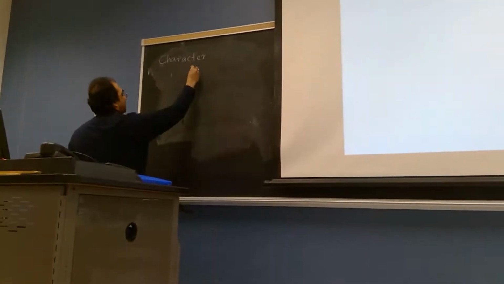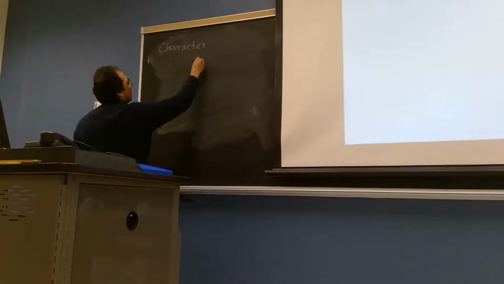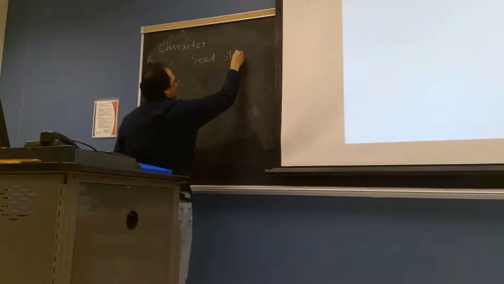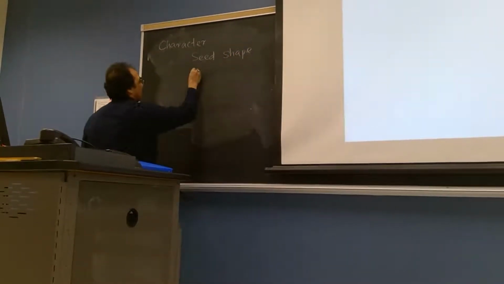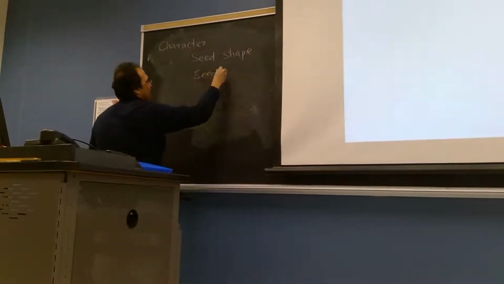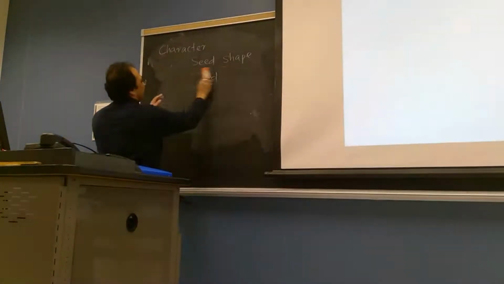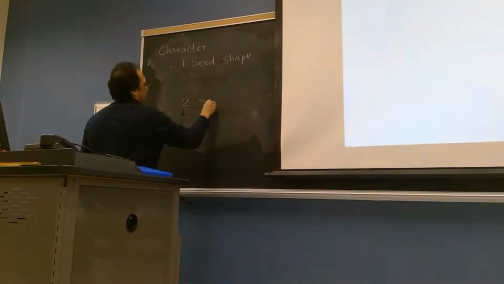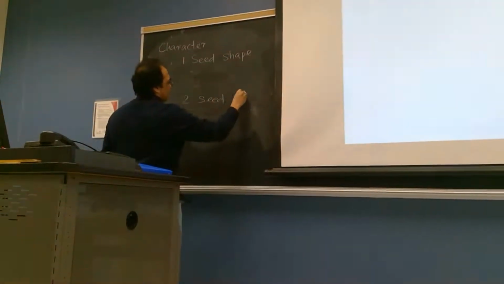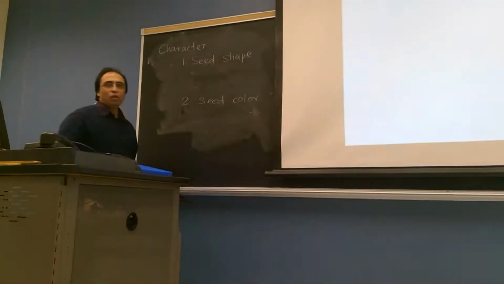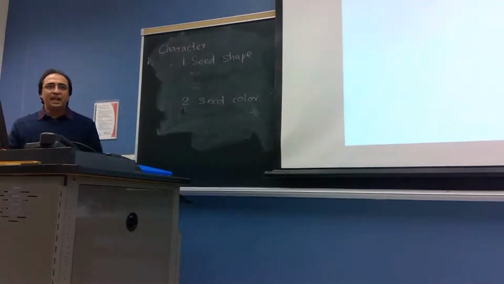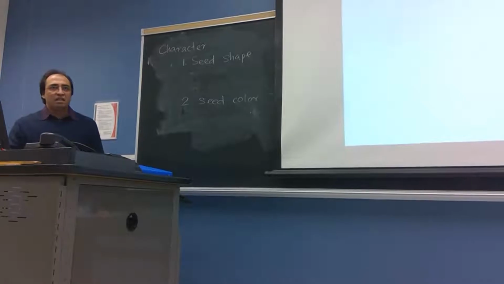The first character is seed shape. Second character is seed color. These are 2 characters. The first character is seed shape, second character is seed color.